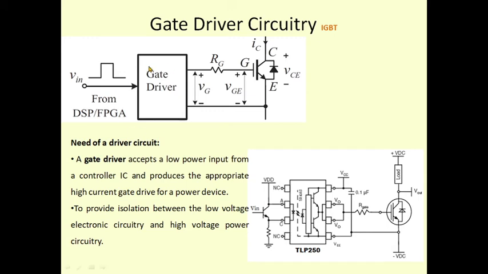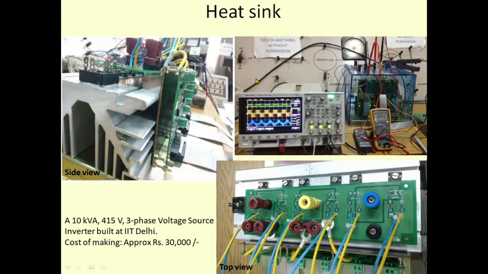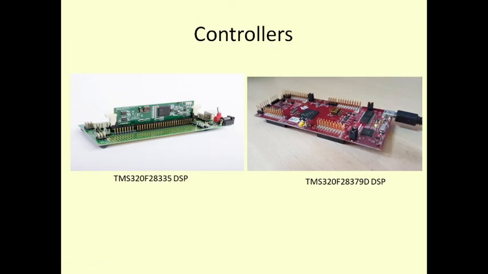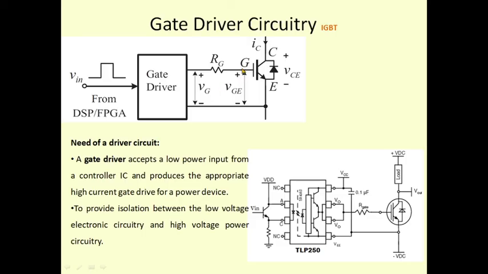The first reason is that in an IGBT, there is a capacitance over here. So what will happen if I take the output of this pin and give it directly to this port?